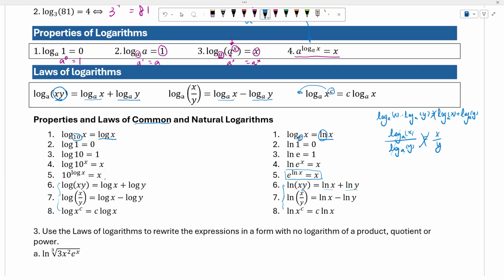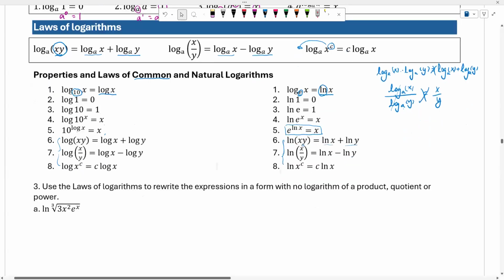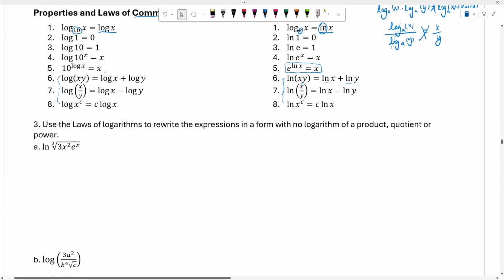Then now let's look at number 3. Number 3 is something that we will use in this section. We would like to use the laws of log to rewrite the expressions that we have in a form with no log of a product, quotients, and power.